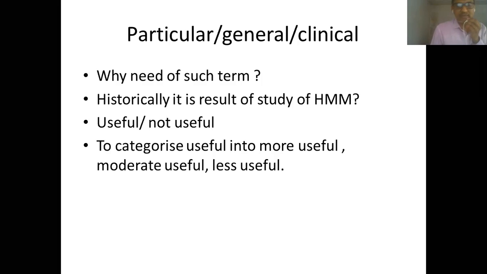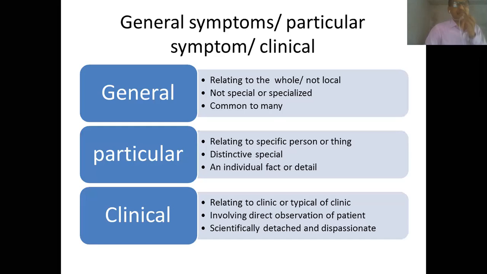So to categorize the useful or important symptoms into more, moderate, and less, the need of this terminology was felt. And these dictionary meanings of these words, you should never forget throughout your whole life if you want to become a homeopathic student.